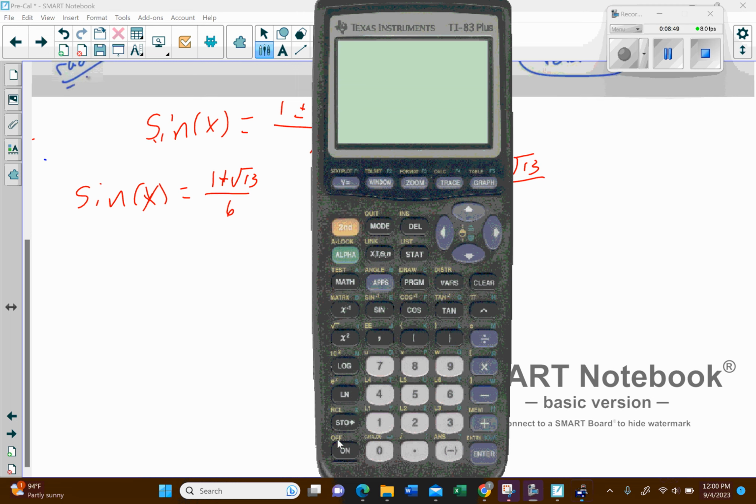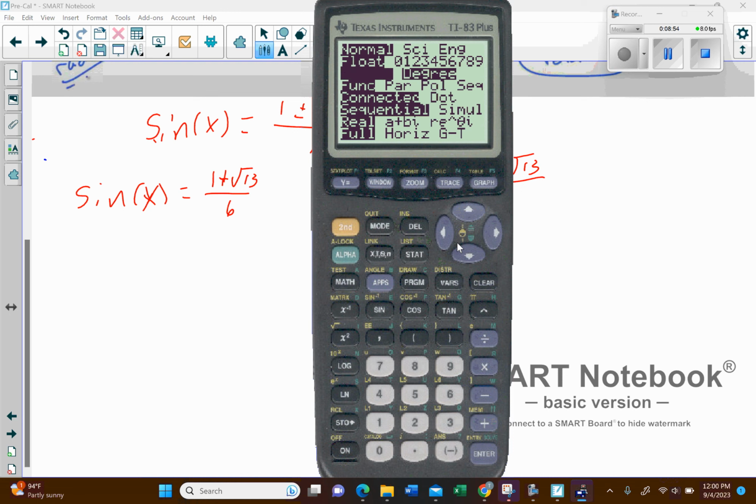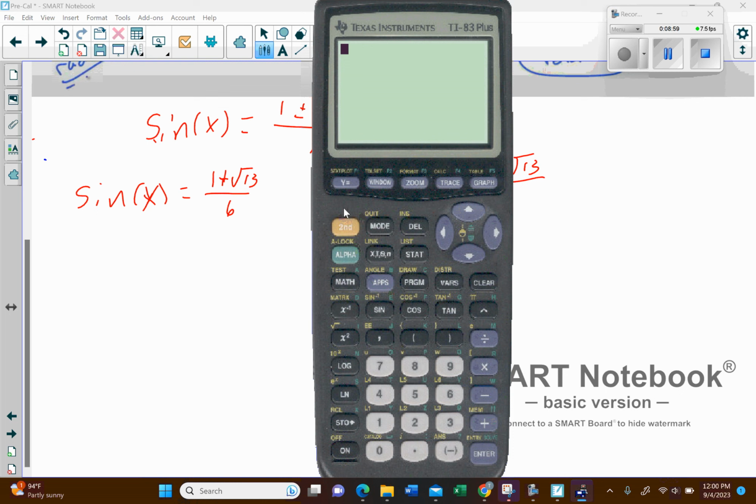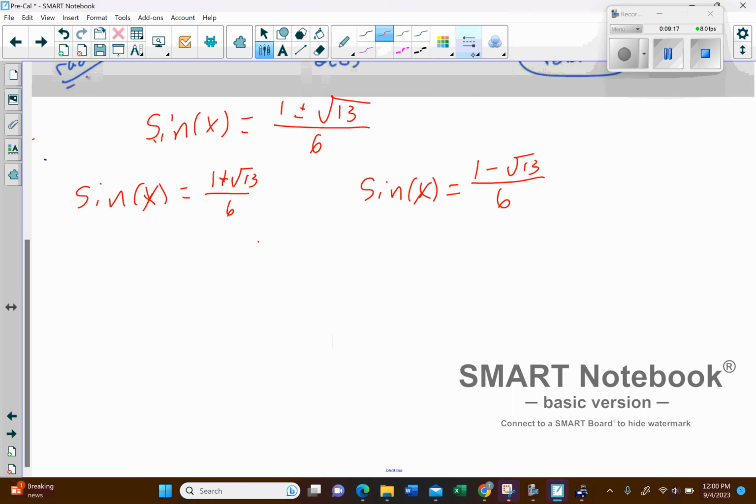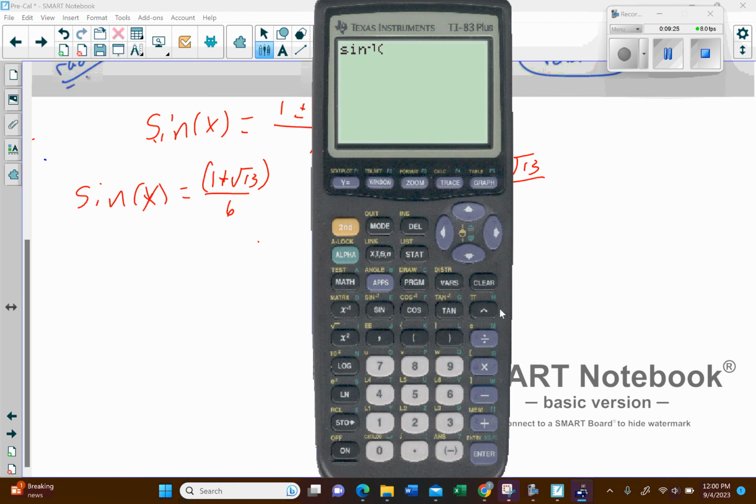Okay, so here's my calculator, and I'm going to make sure, oh yeah, I want to be on radians. So there we go. I could type that whole thing in there, it's not that big of a deal, but you have to be careful on how you input it on your calculator. I'm going to do the sine inverse of that. Now if I put the whole thing in my calculator, I need to put the numerator in parentheses to indicate that that whole thing is going to get divided by 6.